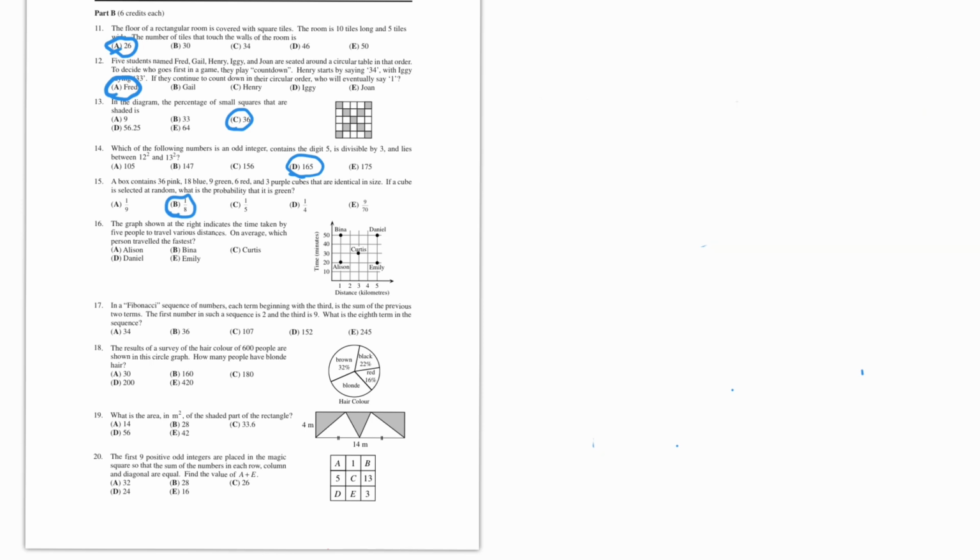Number 16. The graph shown at the right indicates the time taken by 5 people to travel various distances. On average, which person traveled the farthest? We know speed equals distance over time.